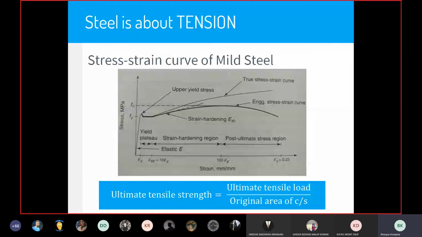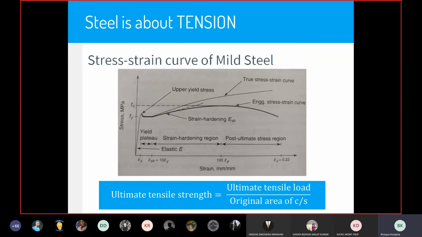When you remove the load, the material or the member will go back to its original length or original state. That is what is called elastic behavior. Just like a rubber band, when you stretch it, it deforms. When you remove the force, it goes back to its original state.